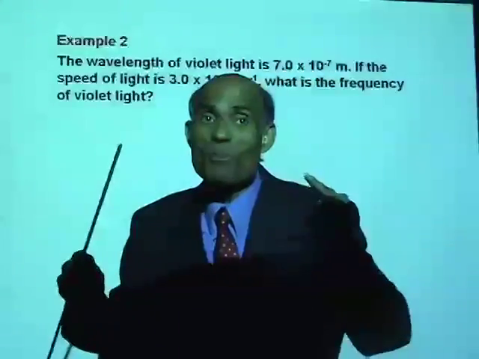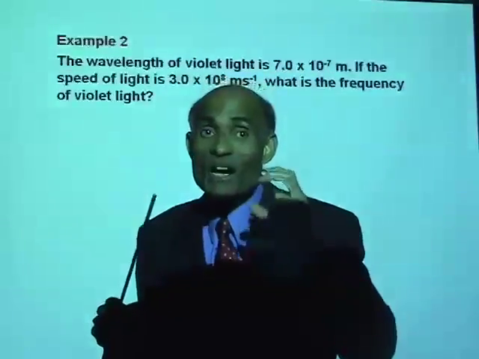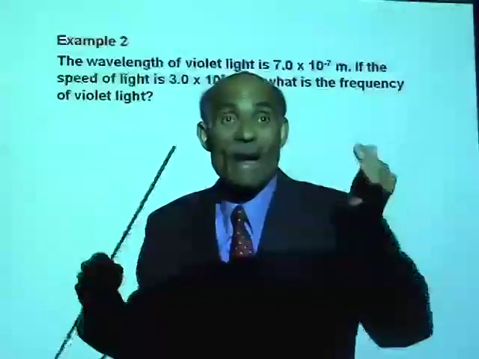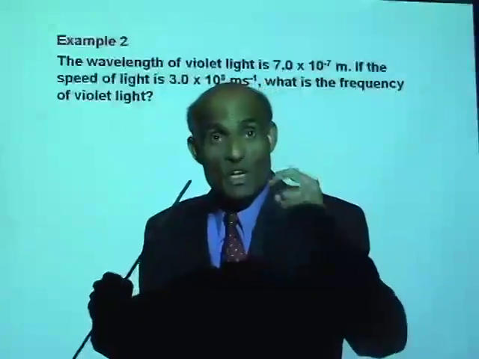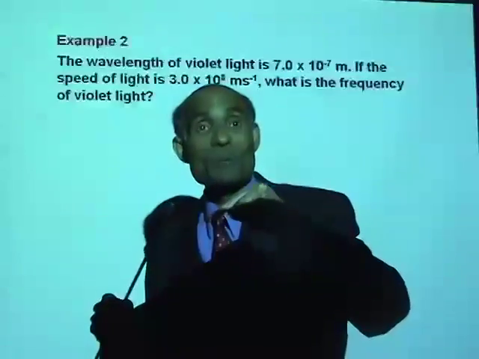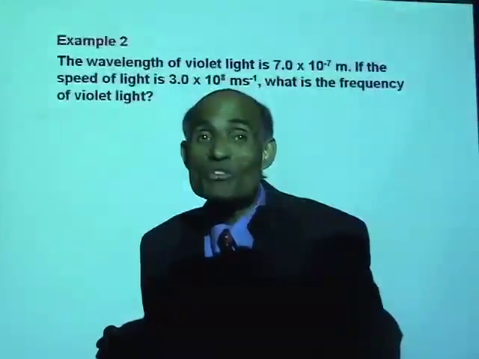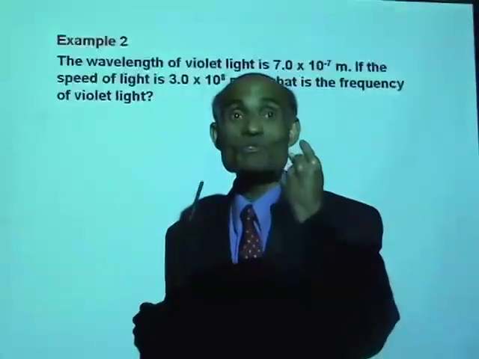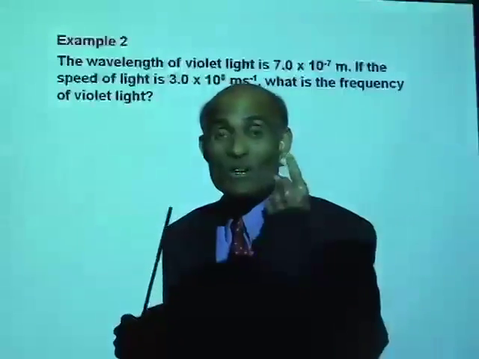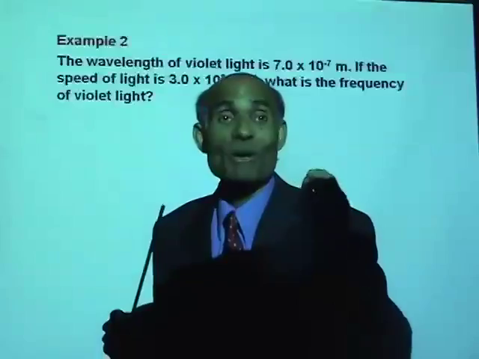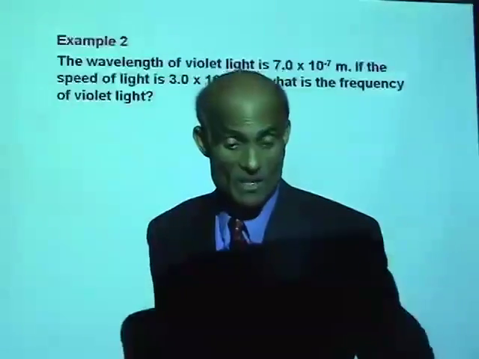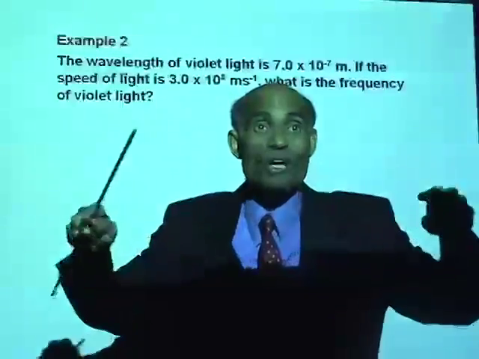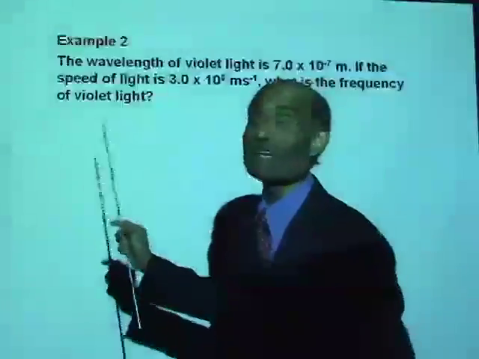I hope you know by now that the colors that you have in white light, the colors are different because of the frequency and the wavelength. Each color corresponds to a particular wavelength and therefore a particular frequency. Now, what is common to all colors is the speed.